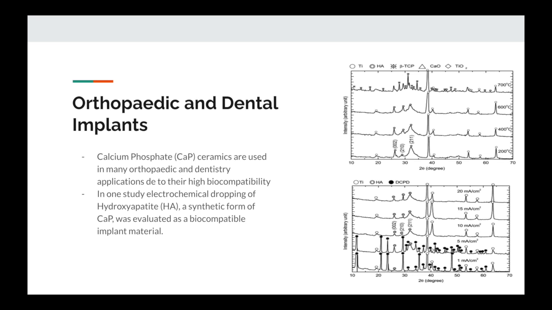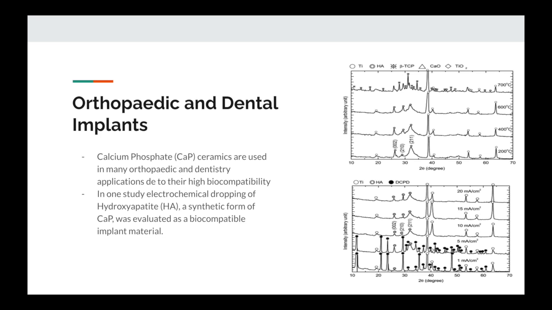In figure 6, the top 2 theta versus intensity graph shows that at different annealing temperatures, the higher the temperature, the more crystalline the hydroxyapatite became, which resulted in a less biocompatible coating.